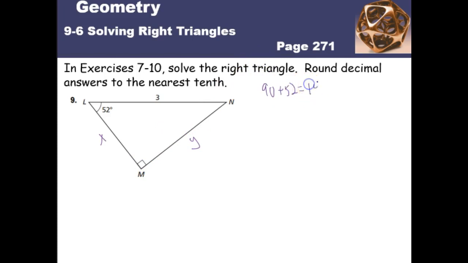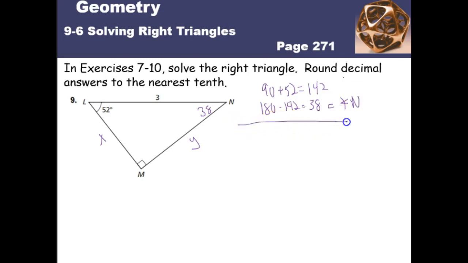And I get 142. Let me just double check. 90 and 52 is 142, and then I'm going to subtract that from 180, and I should get 38. So 180 minus 142 is 38. So this angle is 38. Okay, so we found angle N. Angle N was 38.